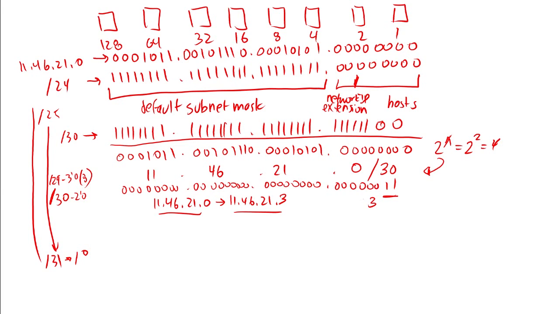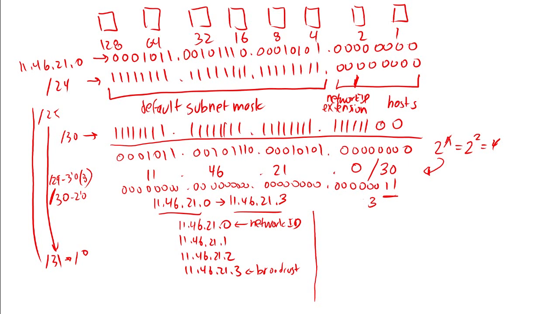So we've got basically 4 IPs here: 11.46.21.0, 11.46.21.1, 11.46.21.2, and 11.46.21.3. And so this one's not useless, but this is a network ID, and this is a broadcast. And so naturally, my next network, so I can write all these out.